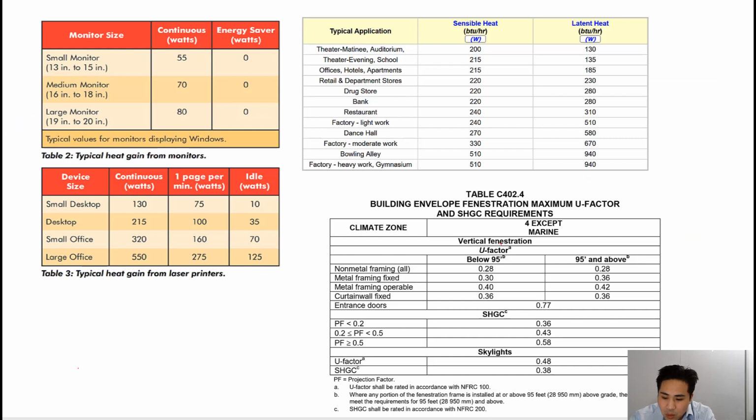Now to get the solar heat gain coefficient for the window portion of the door, we go back to this table here, C402.4, and we use this part of the table, and again we use this 0.36. And we're going to assume that there is no projection factor or any type of overhang that's providing shading to this window portion. So we always use this value here, 0.36.